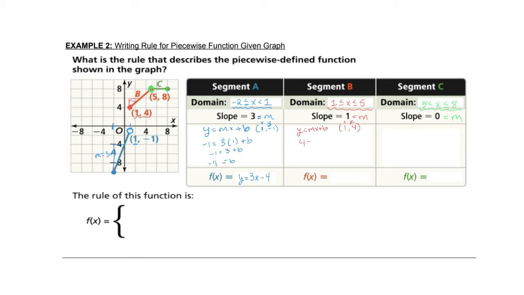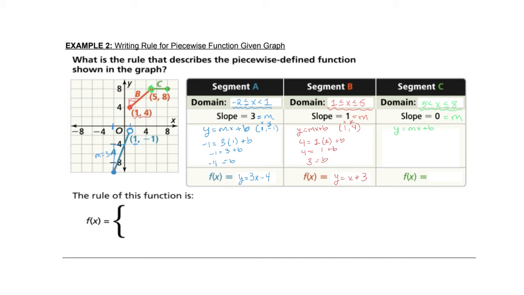So 4 equals 1 times 1 plus b. So 4 equals 1 plus b. So b equals 3. Therefore, our function is y equals x plus 3, or 1x plus 3. And then the last one, y equals mx plus b.